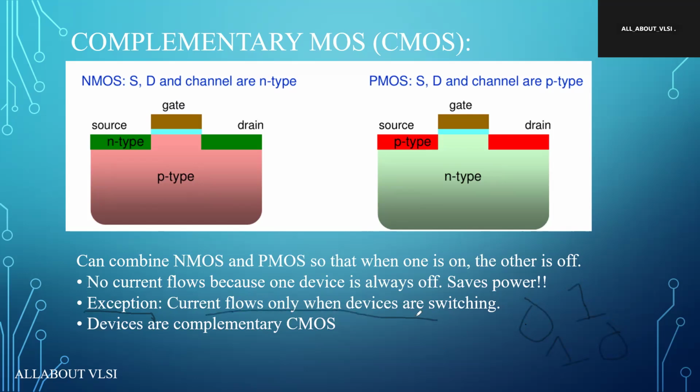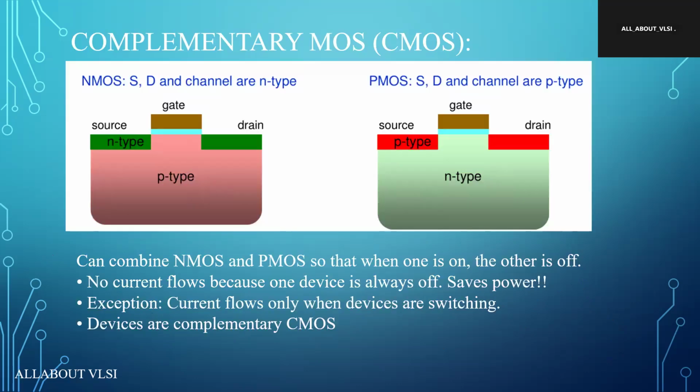When the devices start switching, then only does our current flow. So this is called complementary CMOS. This is the quick review of the basic level of CMOS logic.